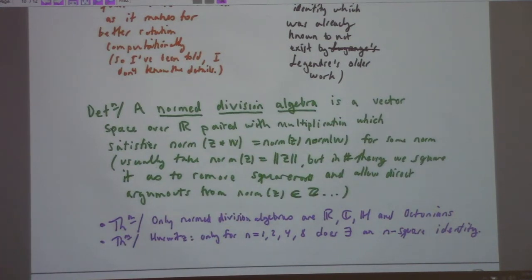It can be proved that the only normed division algebras are the real numbers, the complex numbers, the quaternions, and the octonions. And Hurwitz proved that only for n equals 1, 2, 4, and 8 does there exist an n-square identity, like we've looked at for n equals 2 and n equals 4. I guess n equals 1 is kind of dumb, but n equals 8 has something to do with these octonions.